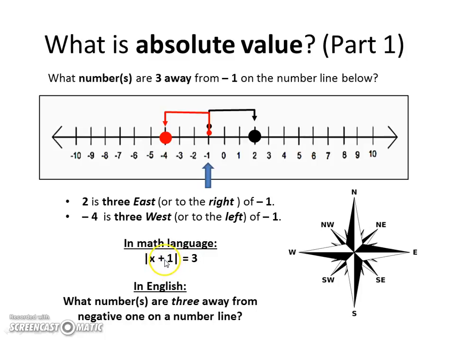Okay, now it looks a little confusing because it says plus 1. But remember, guys, for any number, what we're really looking at is the absolute value of x minus a, where a is any number. Okay, so a negative times a negative is what gives you that positive 1. So once again, what numbers are 3 away from negative 1 on a number line?